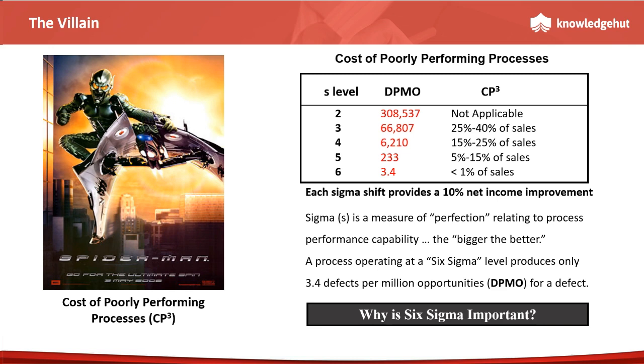And with that, what would happen? The word spreads faster, right? You are under threat of having 25 to 40% of your sales go away to your competitors because of your quality issues. And look at Six Sigma. If your process is Six Sigma compliant, you will only be losing less than 1% of your sales. That's the difference. That's very high.